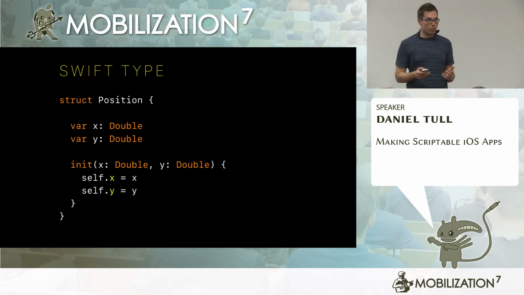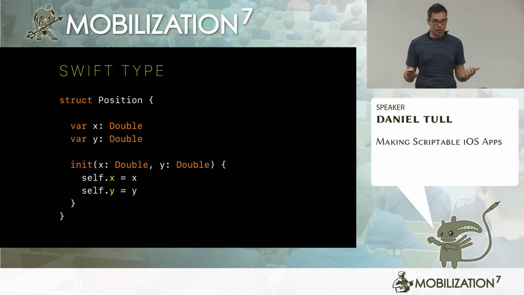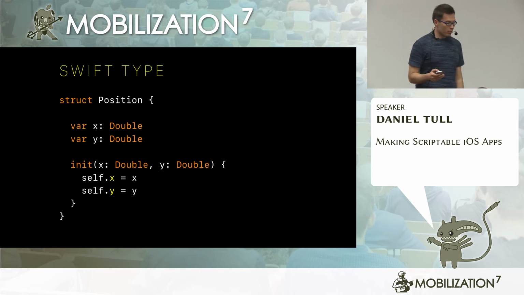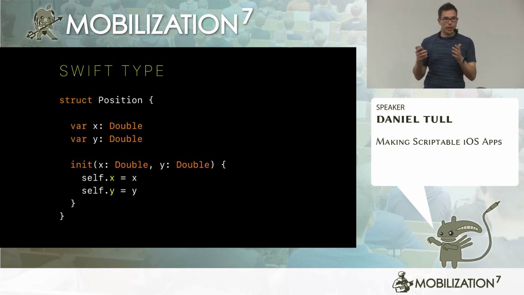It's got an X and Y properties, and it's got an initializer which takes an X and a Y and just sets it. It's really, really simple. It's so simple, it can fit on one slide, which is really nice. And that's kind of how I write my types, because they don't need to be big a lot of the time. So this is very simple, but we can see how this is not going to gel well with JavaScript at all.